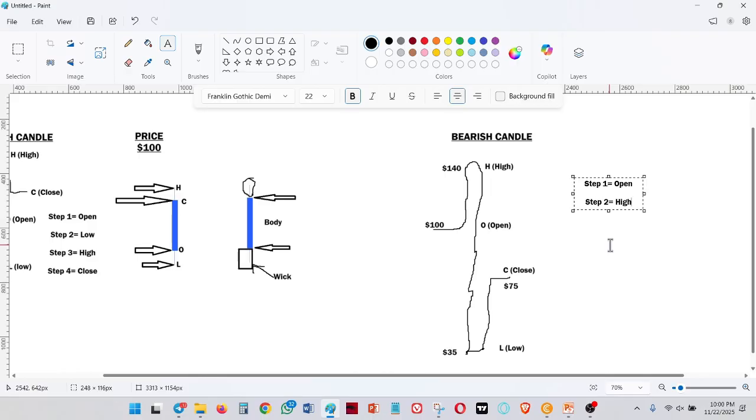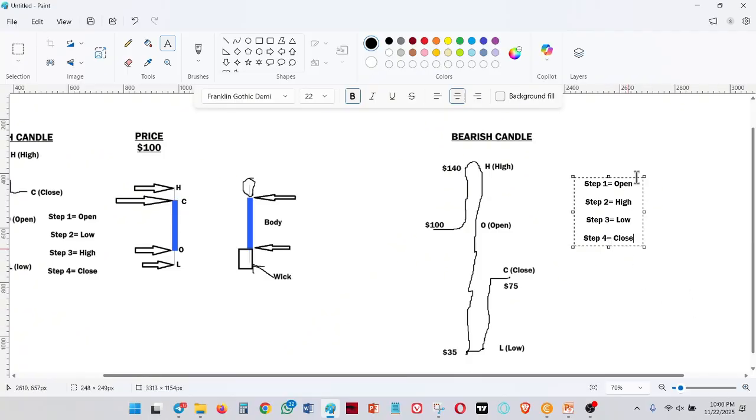Now only you don't understand what they show here. So step 3 is what? Step 3 is low. Now we have step 4. Step 4 is what? Close.